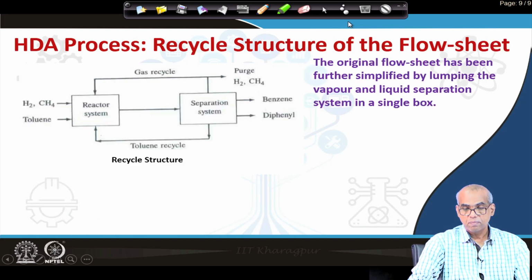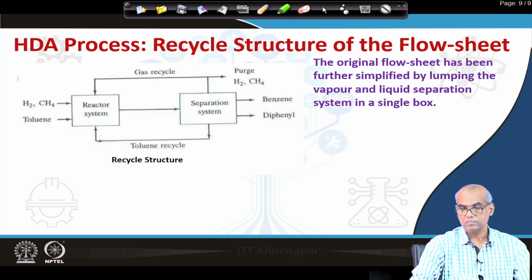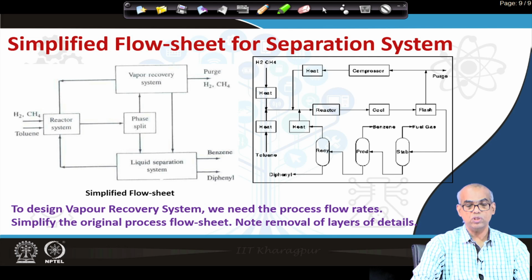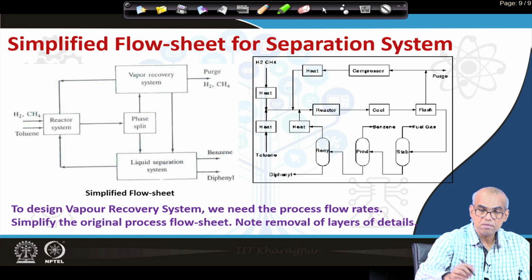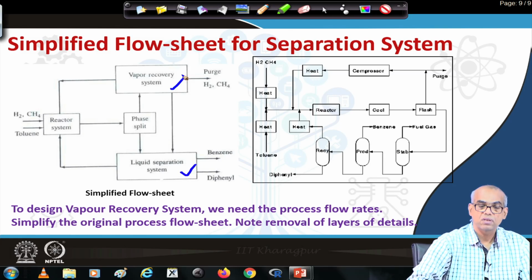We can further simplify the process flow sheet by lumping the vapor and liquid separation system in a single box. In the previous one, you see we had one box for the liquid separation system and another box for the vapor recovery system.